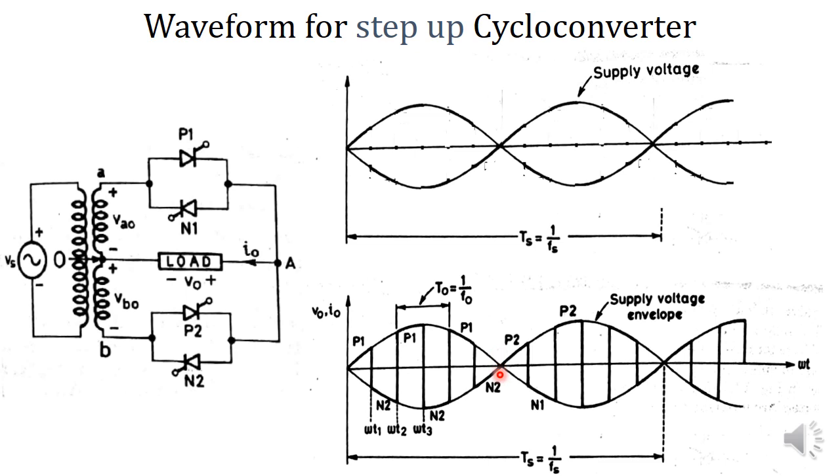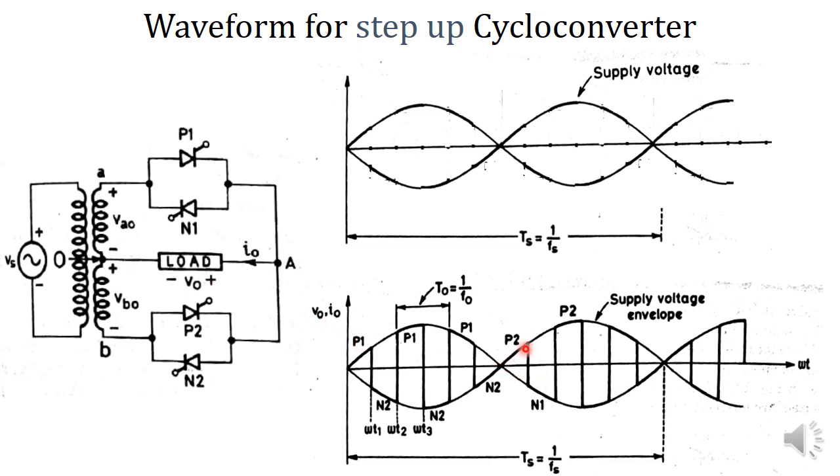After the positive half cycle, we have the negative half cycle. During the negative half cycle, first of all we will turn on P2. During the negative half cycle, terminal B will be positive, so the current will flow in this direction. So current is flowing in the positive direction through the load, and the output voltage is also positive.